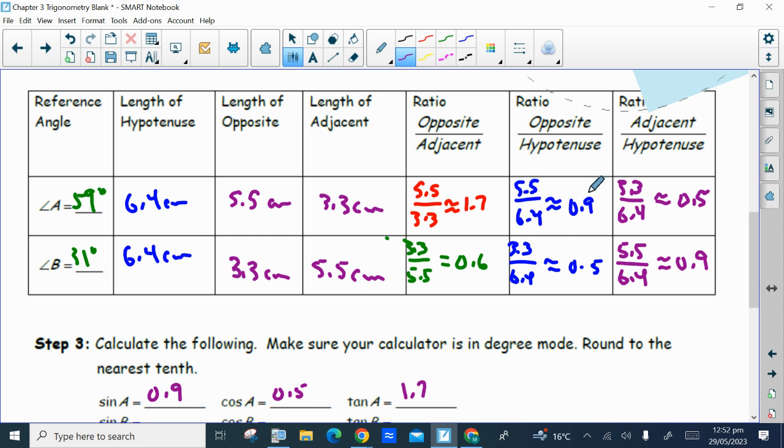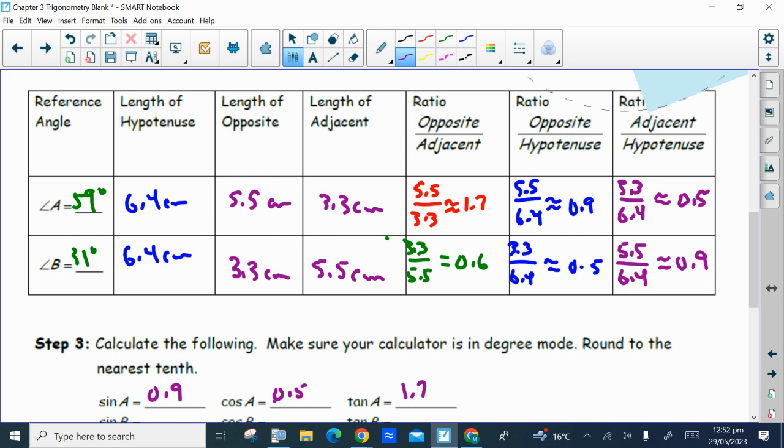That gave us 0.9. 0.5, which was the cosine of angle A, or the cosine of 59 degrees, well, there's our decimal 0.5. That decimal came by dividing the adjacent by the hypotenuse. We got the same decimal. And the 1.7 number, that's right here, that came from dividing the opposite over the adjacent.